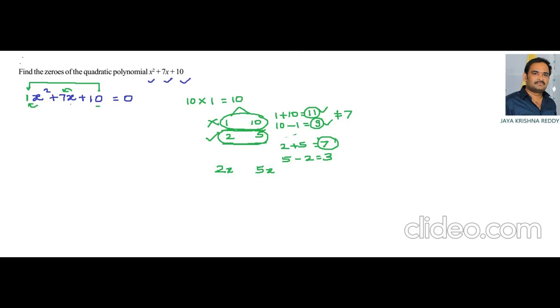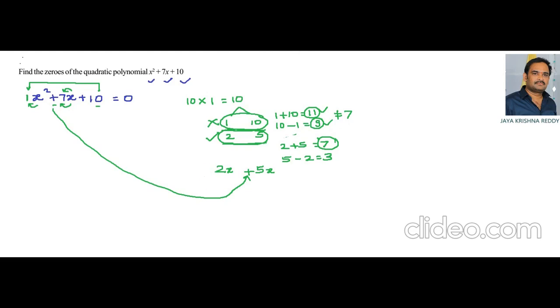The coefficient of x has a plus symbol, so you have to keep the plus symbol with the bigger one of these two numbers. 5 is the bigger one, so keep plus with 5x. And next you have to check which symbol we have to take for the smaller number 2x, whether it may be plus or minus.